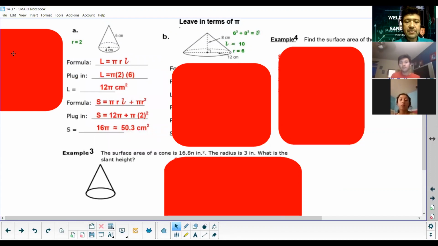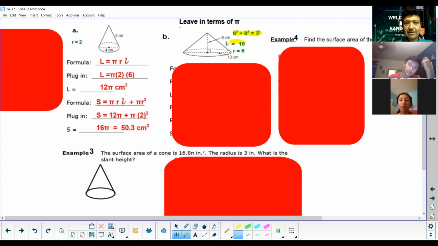All right, Celeste, go ahead and walk us through B. How will we do B on this one? What's new about B? What I want you to notice is that this one, you see everything in green right here? That's Pythagorean Theorem. The reason why it was used is because you notice the arrow, we were not given slant length.